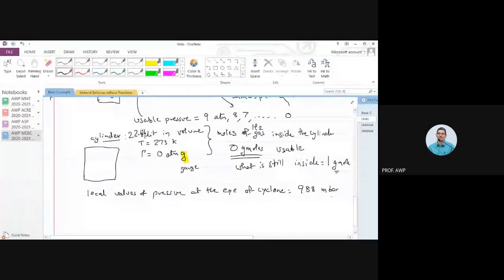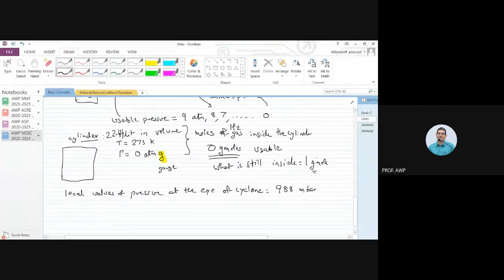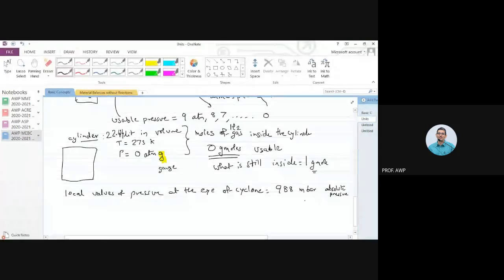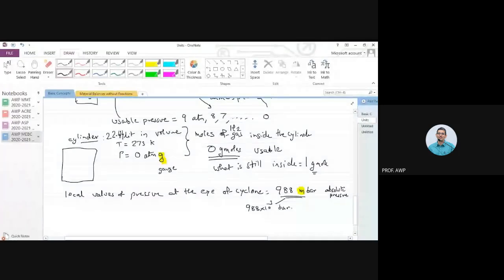So here we are not talking about gauge pressure, we are talking about absolute pressure. 988 millibar would mean 988 into 10 raised to minus 3 bar, which is same as 0.988 bar.